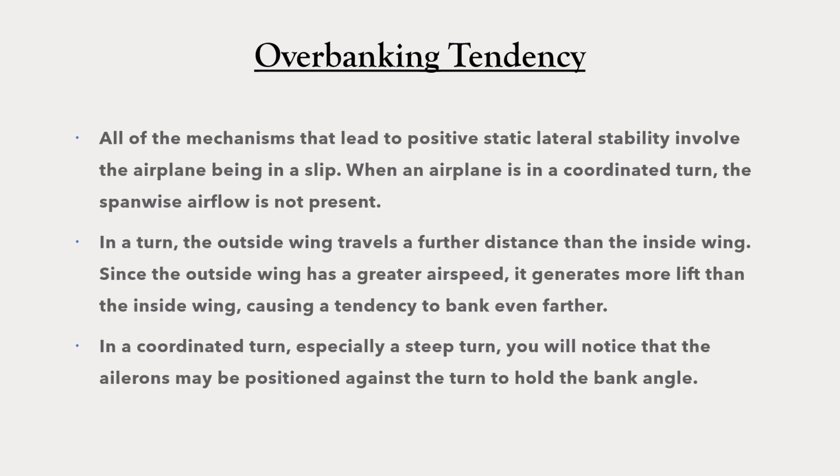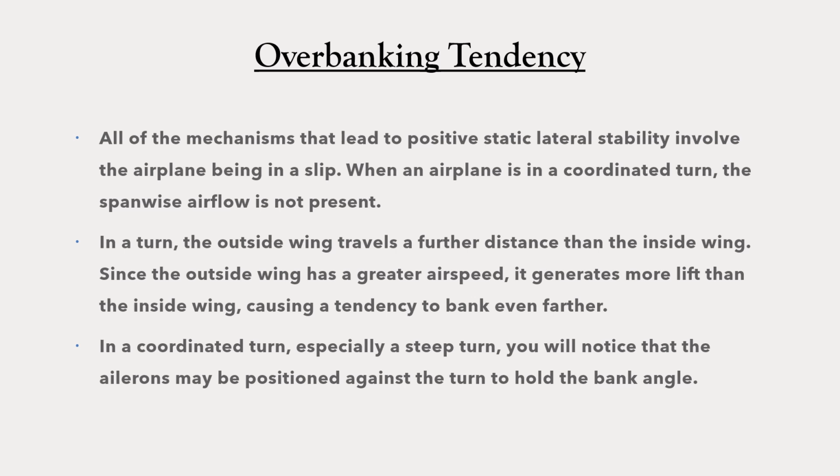In fact, when you're in a coordinated turn, another effect comes into play, which is that the outside wing in the turn tends to travel a further distance than the inside wing. That means the outside wing has a higher airspeed, and more airspeed will cause it to generate more lift than the inside wing.